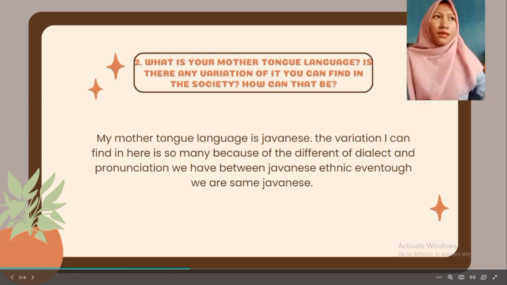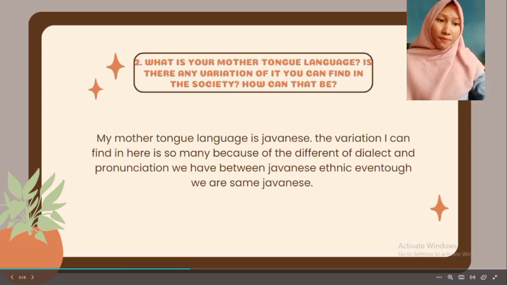So exactly, there are some variations that I can find here, maybe from here in Malang, and in other parts of Javanese we have a different dialect. We are actually the same Javanese, but we have different kinds of dialect in our words in Javanese.